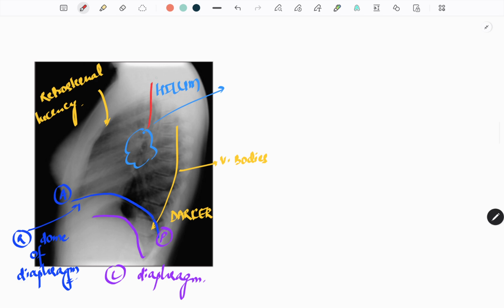This is the trachea here, the tracheal shadow.